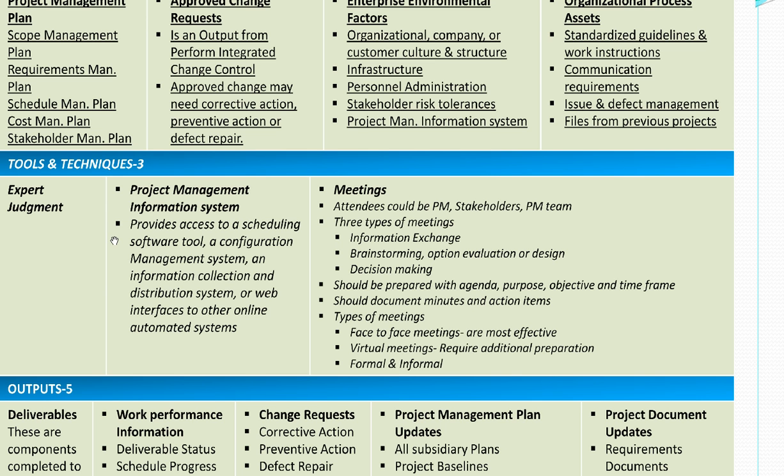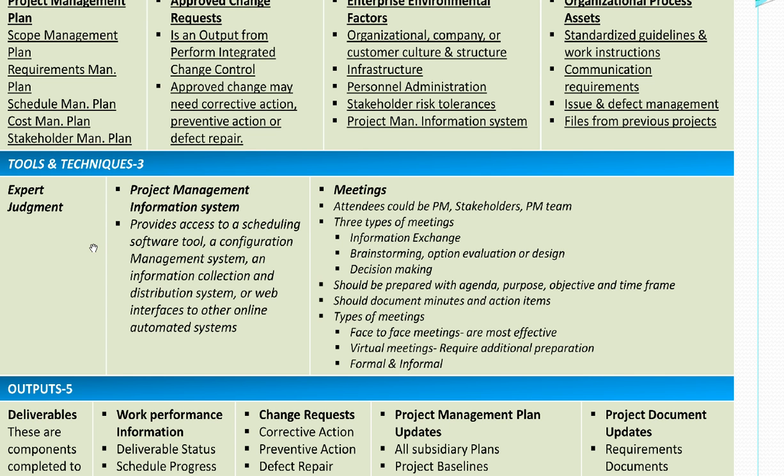Now an example for a scheduling software tool is Microsoft Project. Microsoft Project helps you do the scheduling, helps you to put all the activities together in one place, give the time limitations to all the activities that are going to be part of your project.